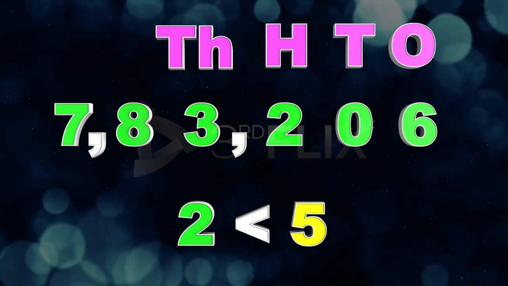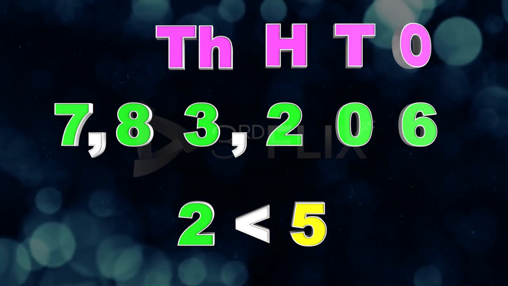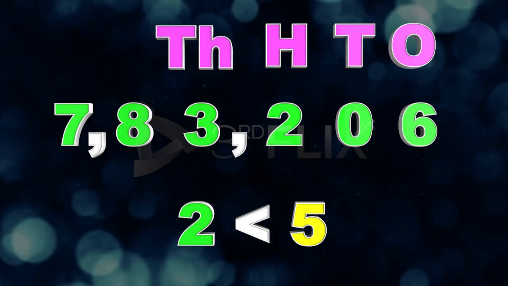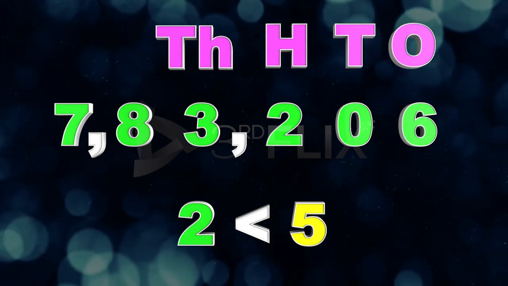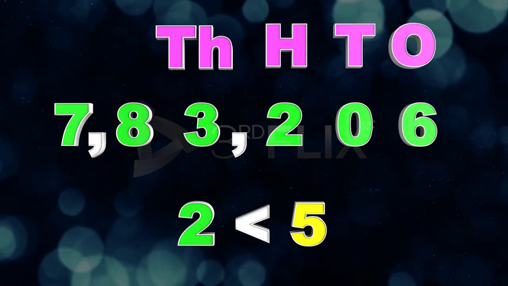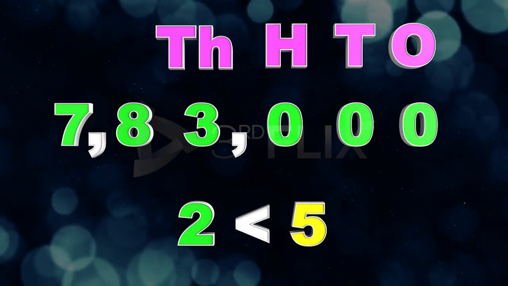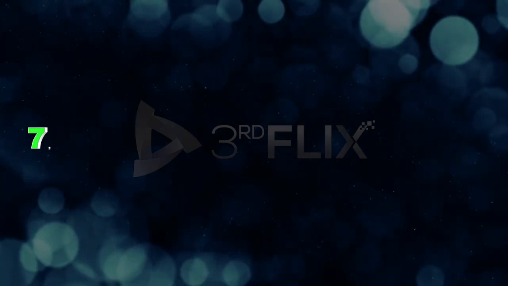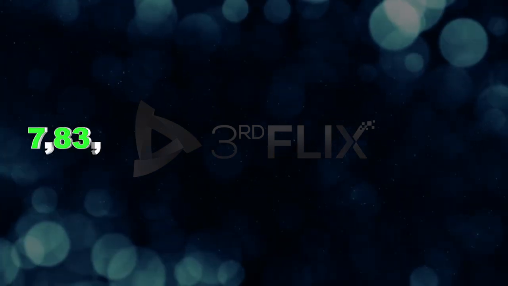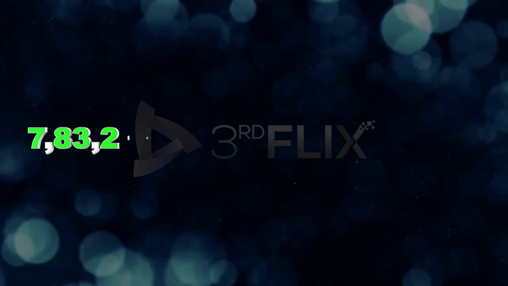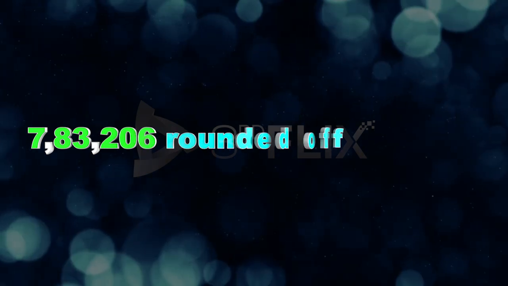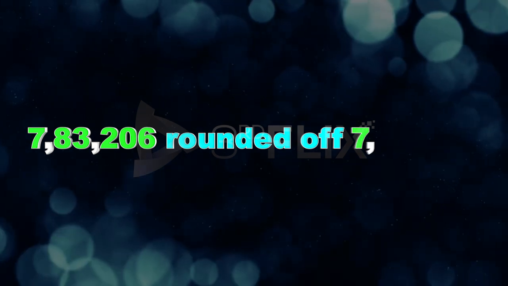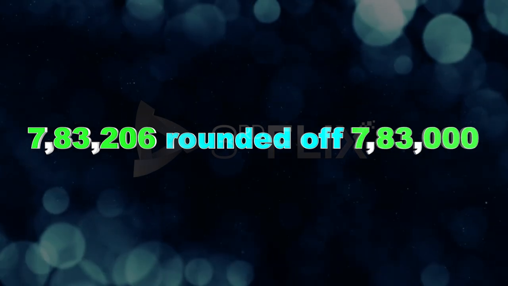So, replace the digit in the ones, tens and hundreds places with zeros. So, 7,83,206 is rounded off to 7,83,000.